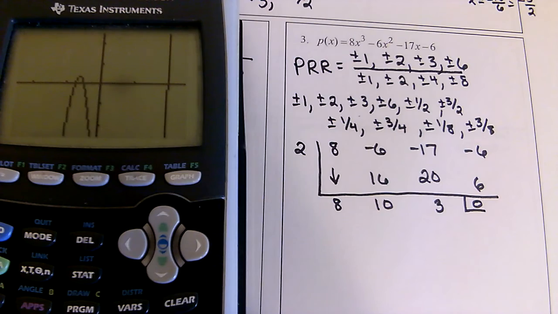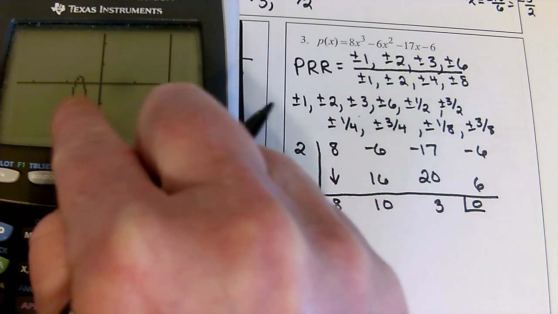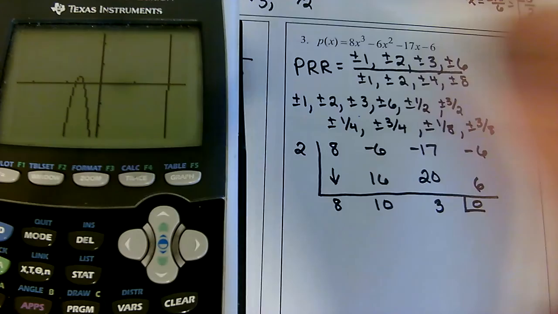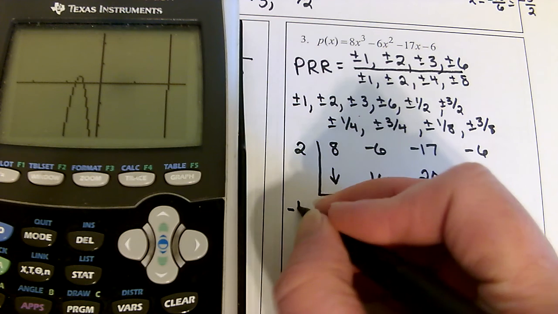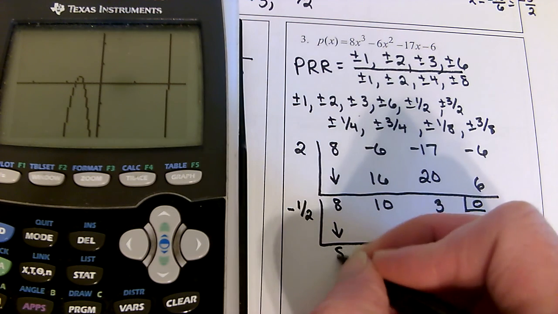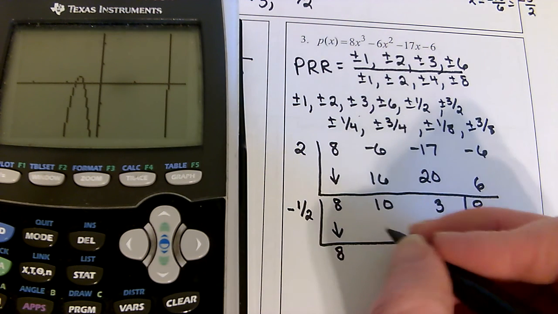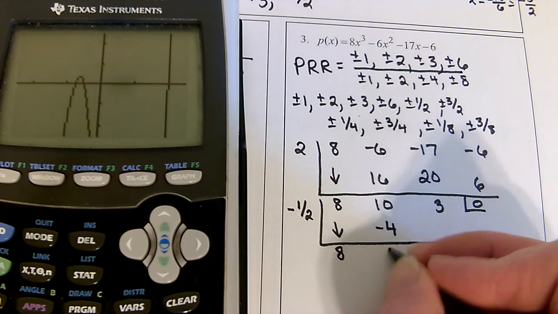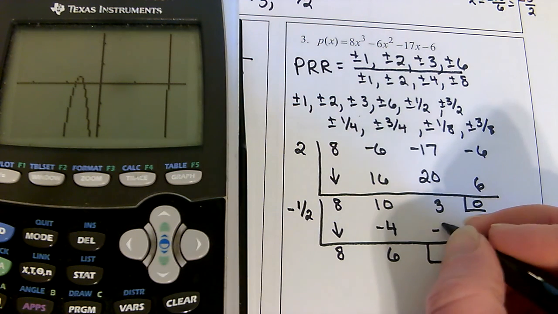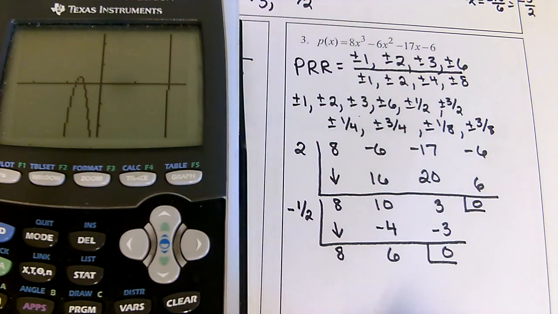Now, I know this is a negative number, and it's between 0 and 1. Doesn't that look like it's about halfway? Let's try it. Let's try negative 1/2. 8 times negative 1/2 is negative 4. Gives me a 6. 6 times negative 1/2 is negative 3.